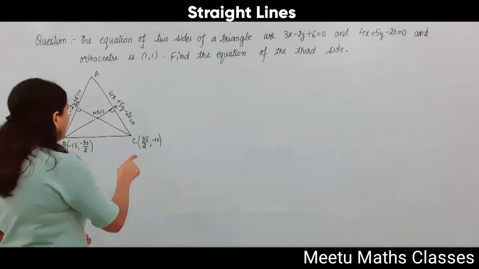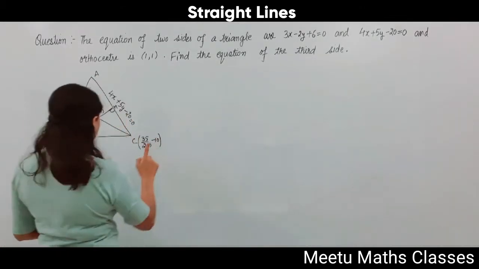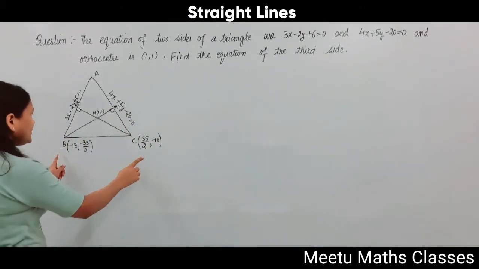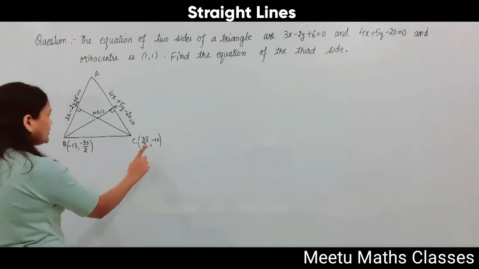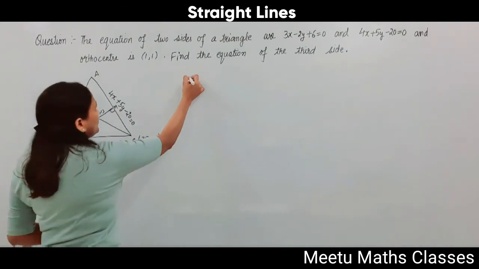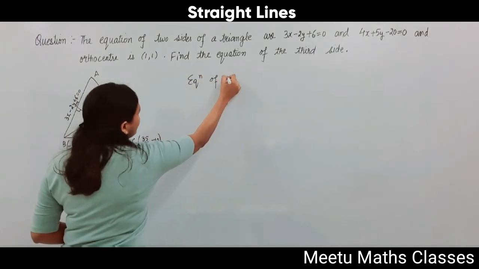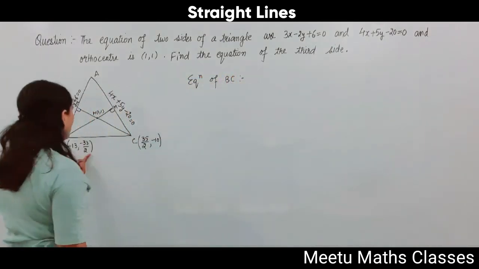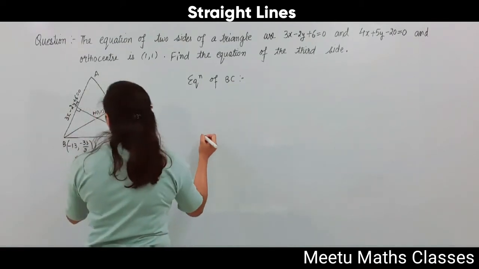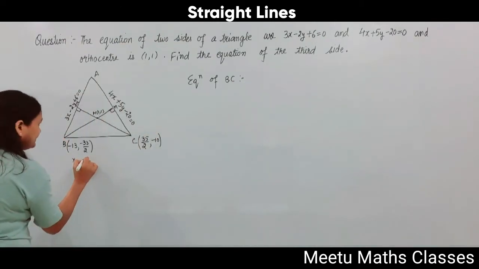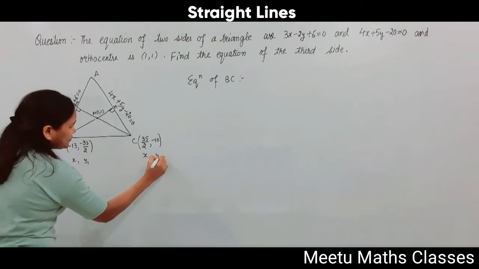Now to find the equation of the third side BC, we already know the points B and C. For the equation of BC, we can apply the two-point form. Let this be (x1, y1) and this be (x2, y2).